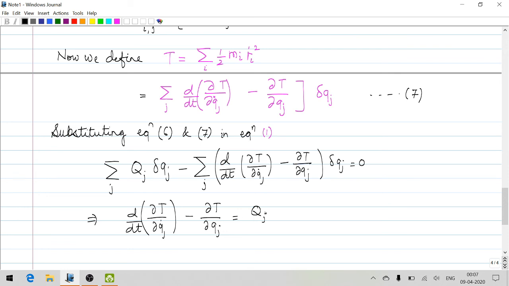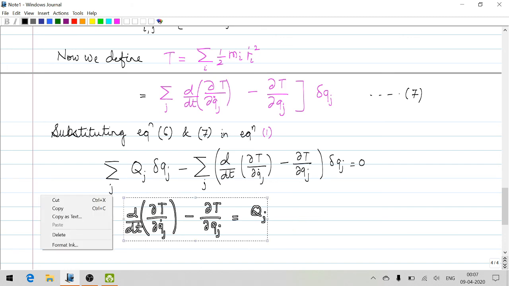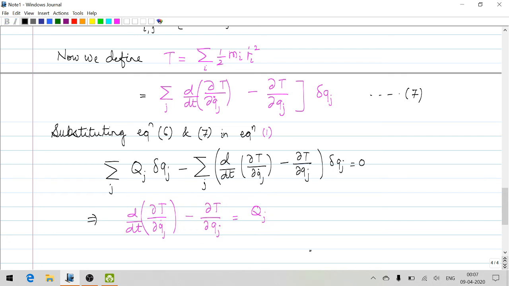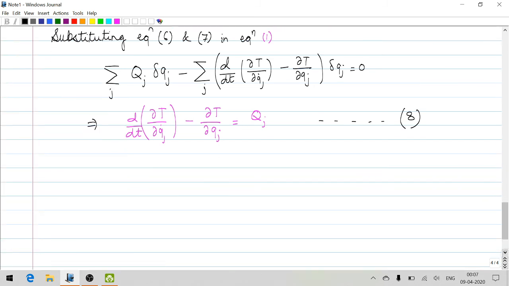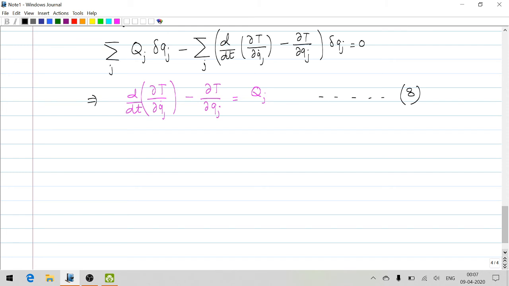So this is another important landmark equation out there. So let me mark this, and let us take this as our equation 8. So this equation we have written in terms of the kinetic energy.